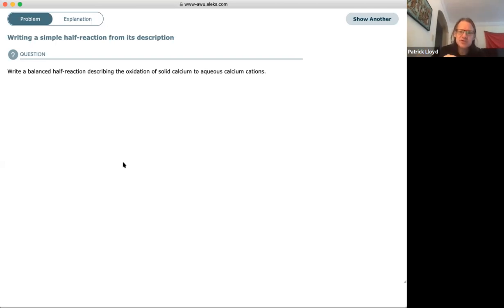Now, the only issue we have to deal with is that we write these equations in a very specific way. When you're writing half reactions, you're writing the symbol for the element.